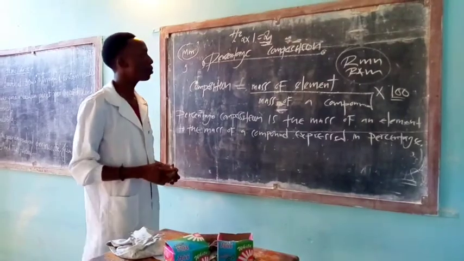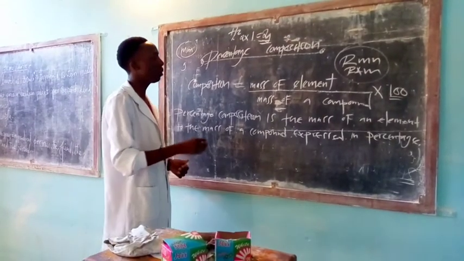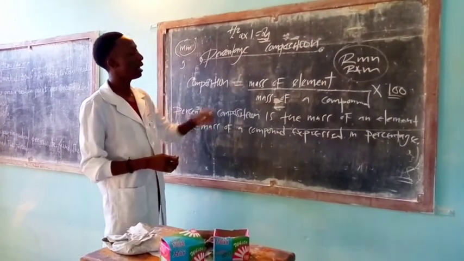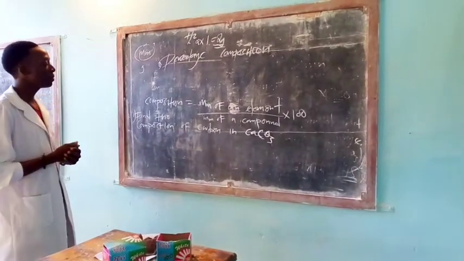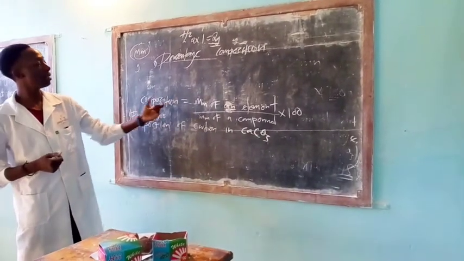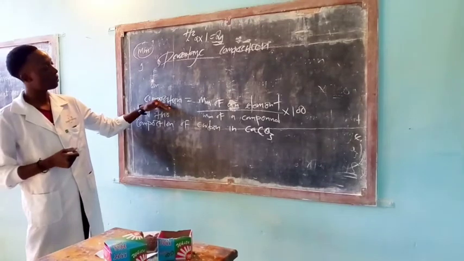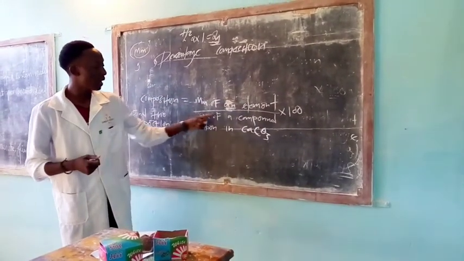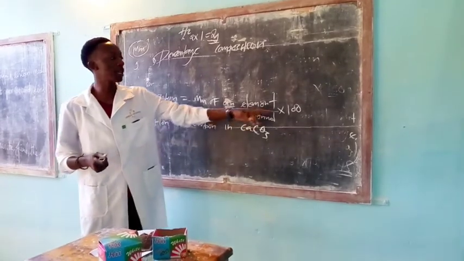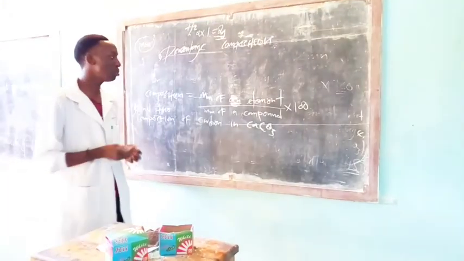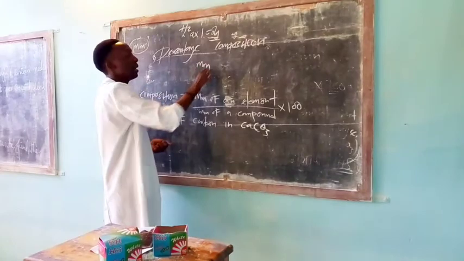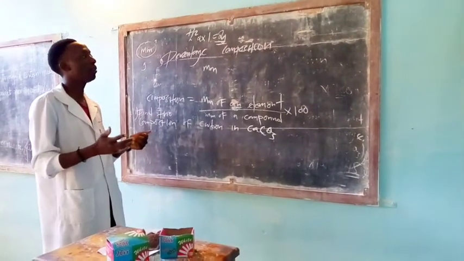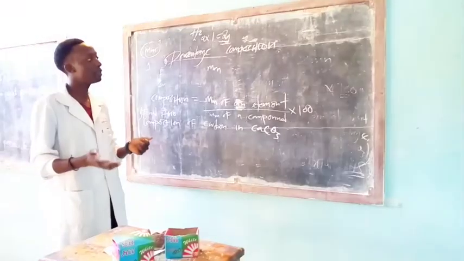The thing you're supposed to understand is that they're going to ask you a question. Let me give you a question under this. Percentage composition, this is how they write it. They're going to say that composition is equal to molar mass of an element divided by molar mass of what? A compound times 100. Remember, I told you that whenever you're dealing with molar mass, it's the same way you calculate the relative atomic mass.